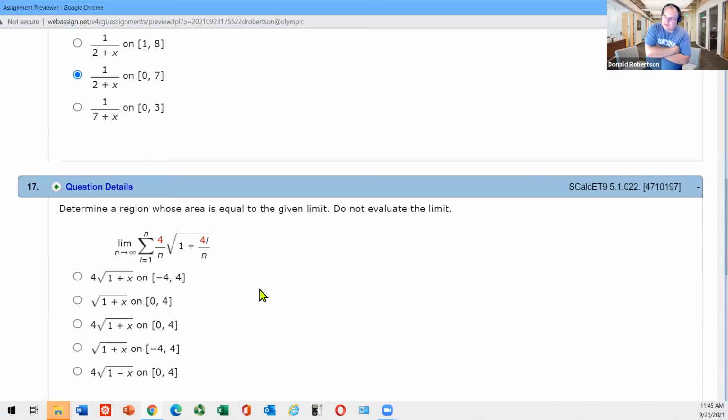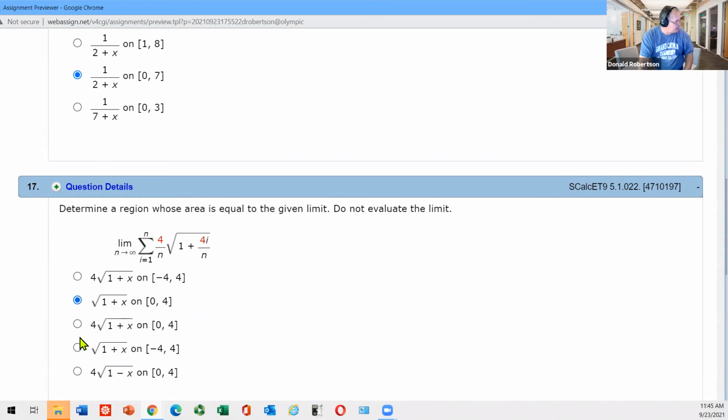Agree. Tell us why. What made you think that? Because there's no 4 in front of the square root other than the 4 over n. And doesn't the 4 over n belong with the 4 over n i? So it's a bit of a distraction. Yeah. So that makes it a 1 plus x one.